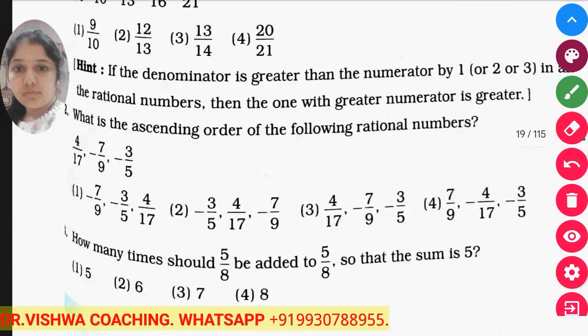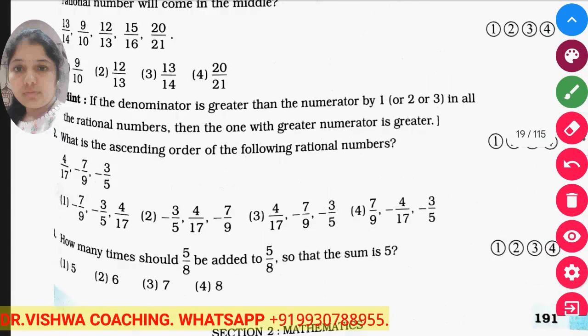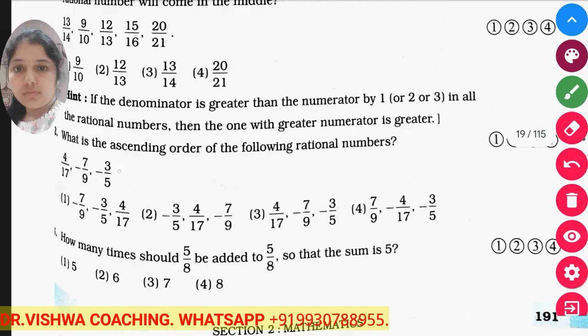Okay. Now the next one. What is the ascending order of the following rational numbers? Now see, the numbers are negative and positive, they have both signs. So you all know a positive number is the greatest number.